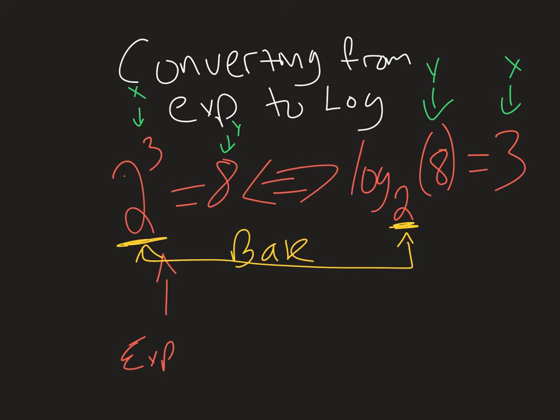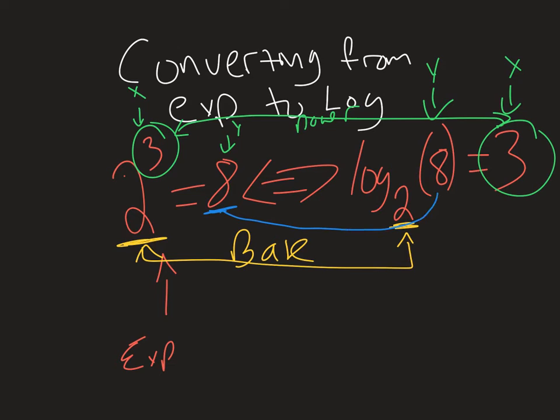Your power becomes the end of the equation for the logarithm. They switch. And then 8 goes on the inside of the logarithm. So this is an example I use.